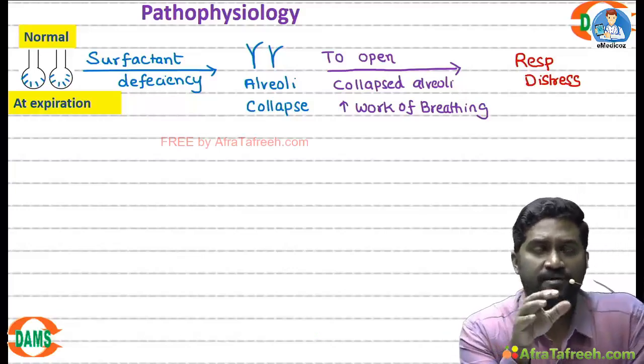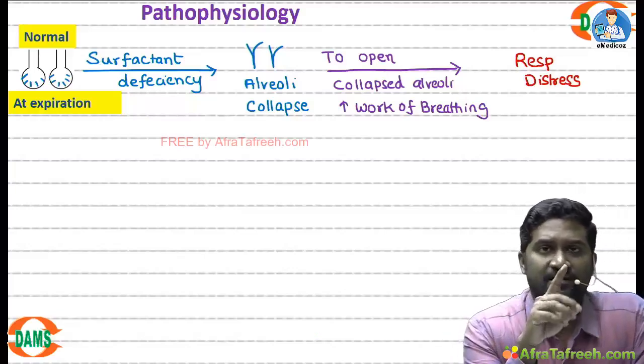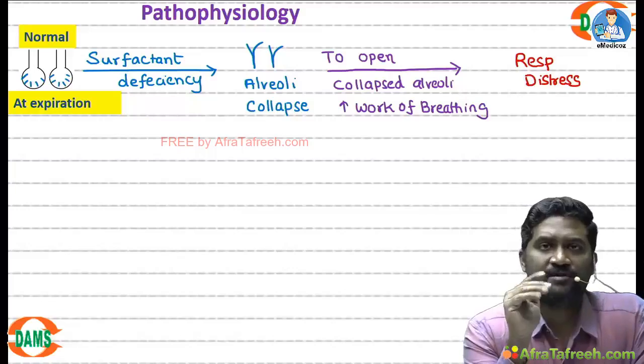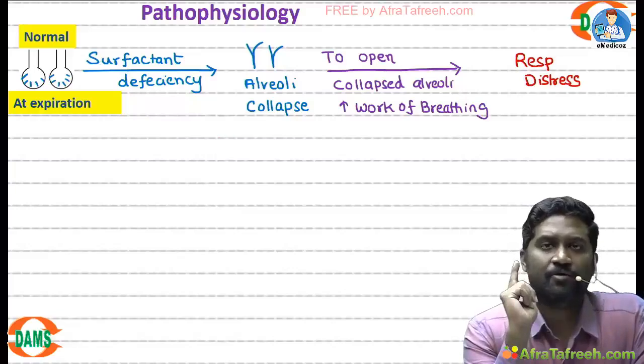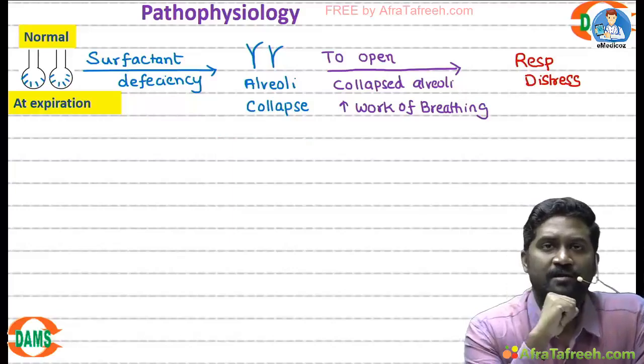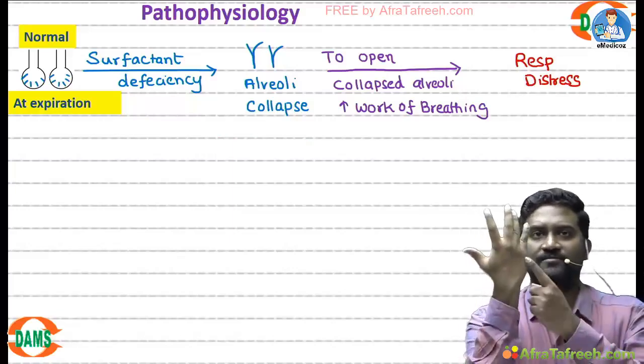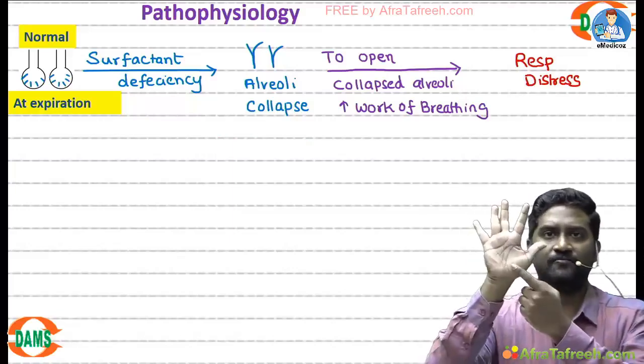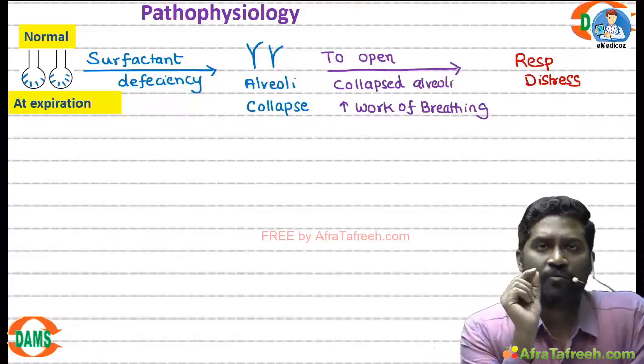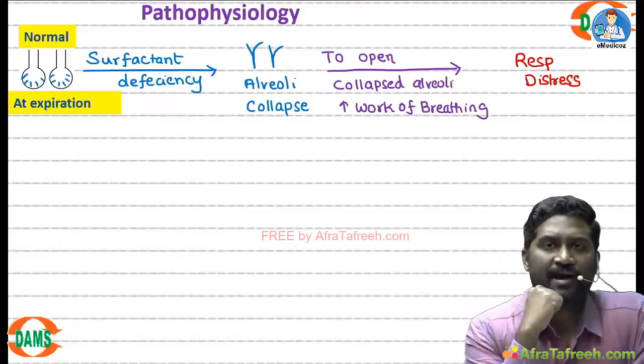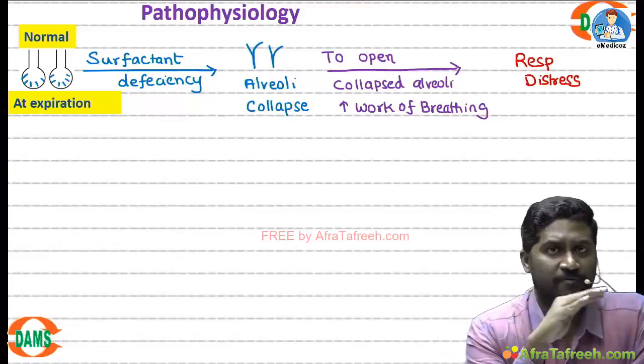Very simple, students. On a chest X-ray, whatever the physiology or pathology, it will only appear in two colors. What are the two colors? One is black and the other is white. What normally appears black on chest X-ray? Anything containing air will appear black.